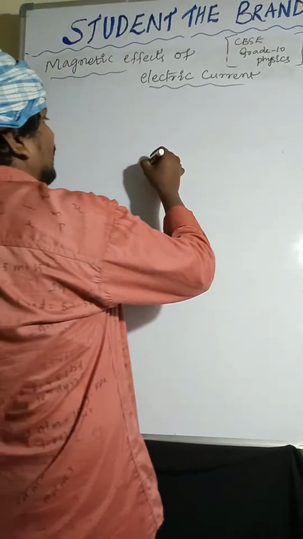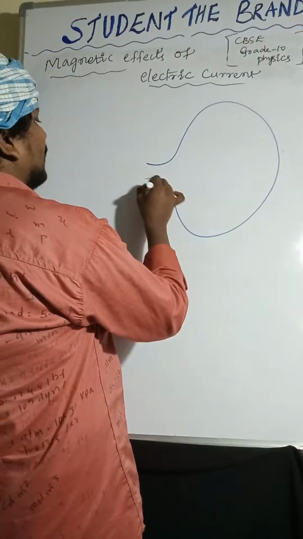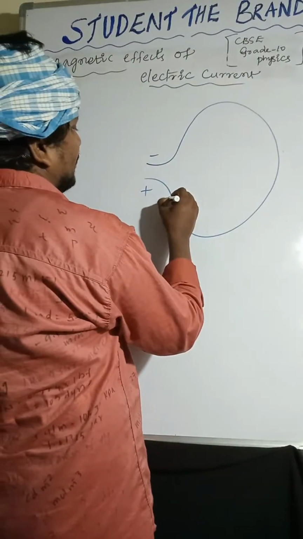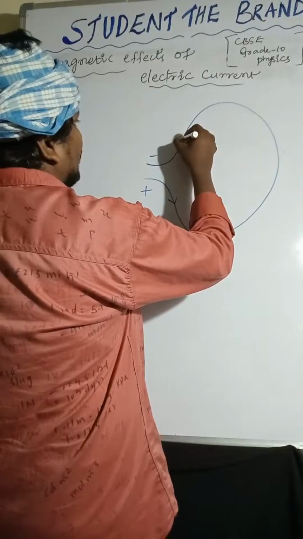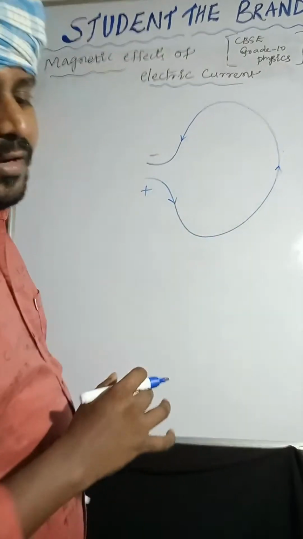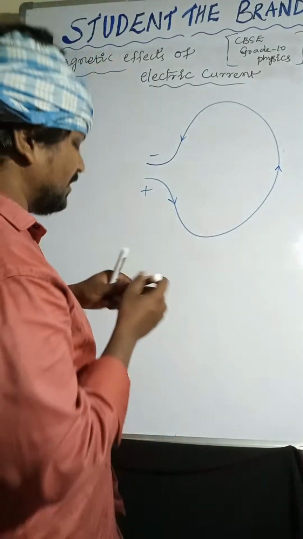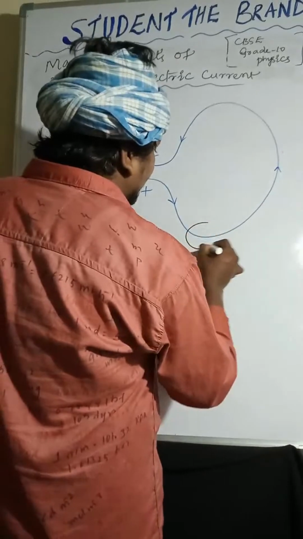So here, this is the loop. Positive terminal, negative terminal, current is passing like this. Around the conductor, the magnetic field will be there. So here you can consider, I am taking like this.